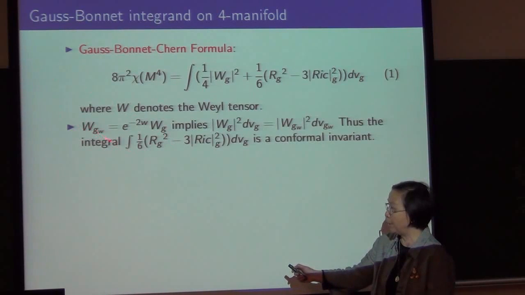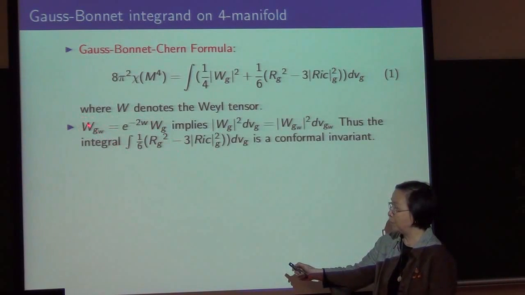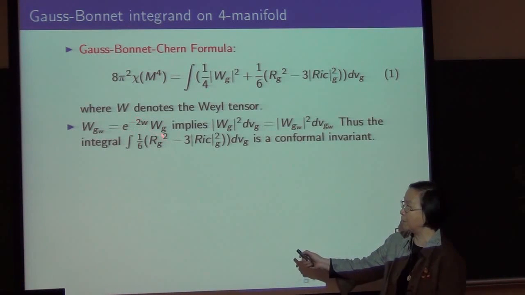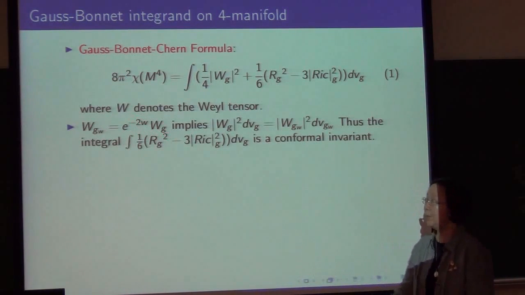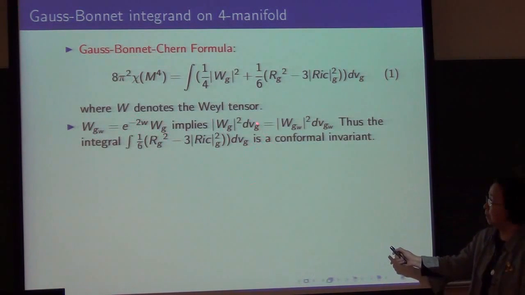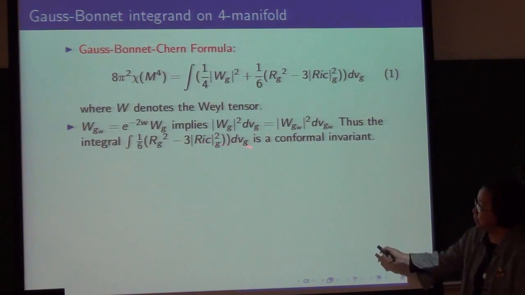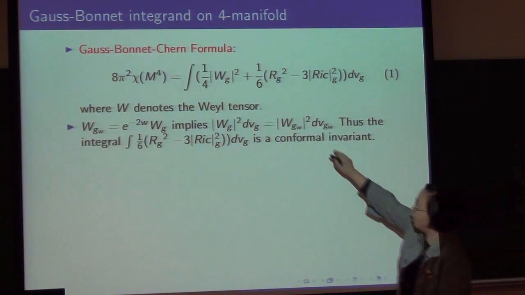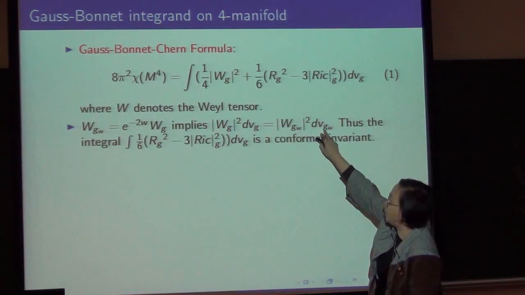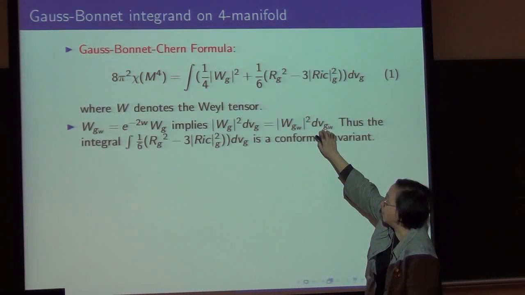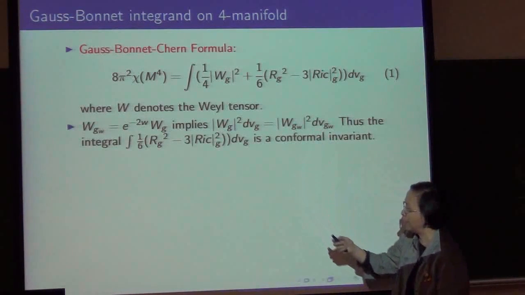That is, if you change g to g_w, the Weyl of g_w stays the same pointwise, up to exponential minus 2w. As a consequence, the volume form on a 4-manifold, dV of g_w, is e to the 4w times dV of g. So these 2 terms cancel.